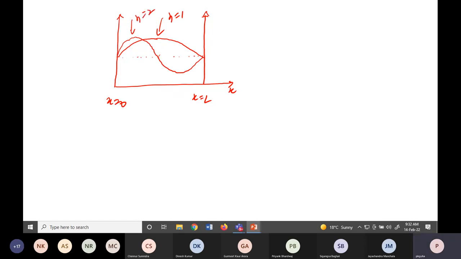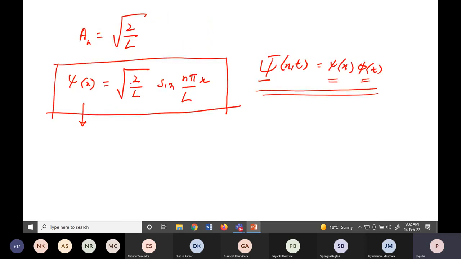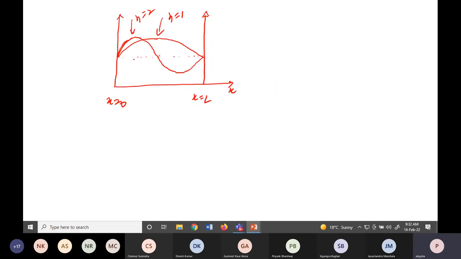You see the amplitude will remain the same when you draw n equal to 1, 2, 3 for these waveforms. Why? Because A is nothing but root 2 over L, so A remains constant. So whatever n equal to 1, 2, 3, 4 waveform you draw between these two walls, the amplitude will remain the same.